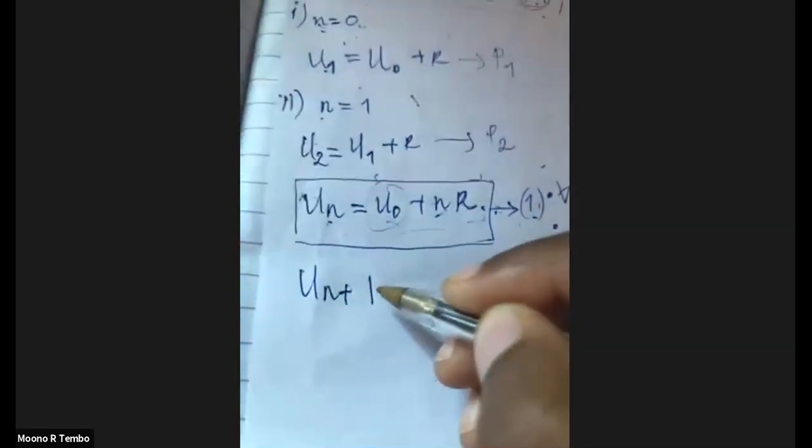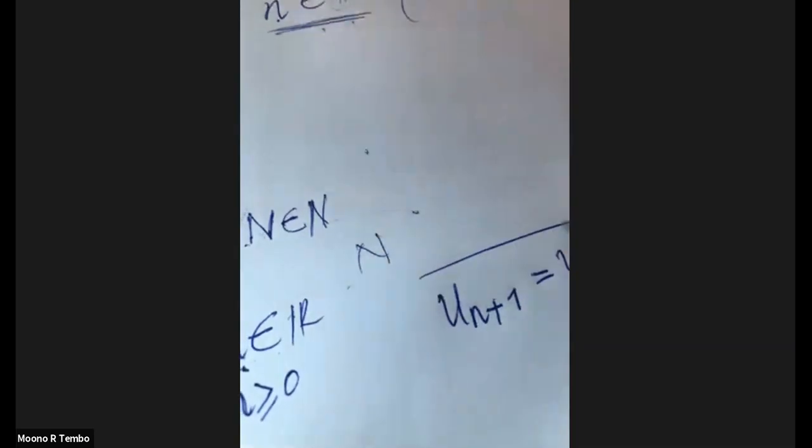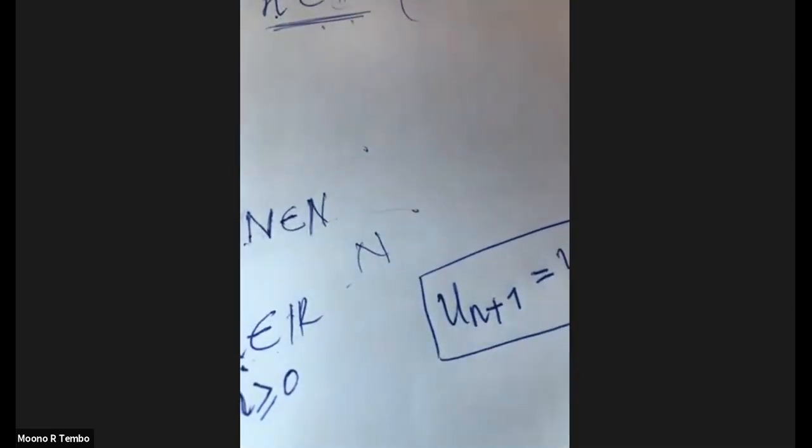You also keep your un plus 1 is equal to un plus r. You keep this, and you keep this too.